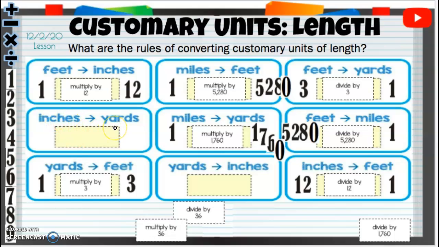So 3 times 12 is 36. There are going to be 36 inches, or 3 ruler lengths, so 12 and 12 and 12, or 12 times 3, for 1 yard. So how do I get from 36 to 1? Divide by 36. Easy peasy.